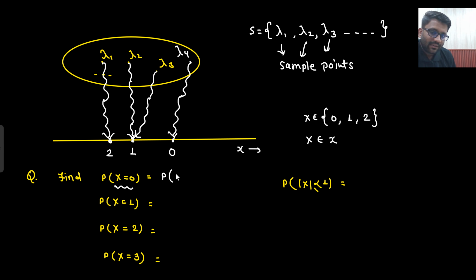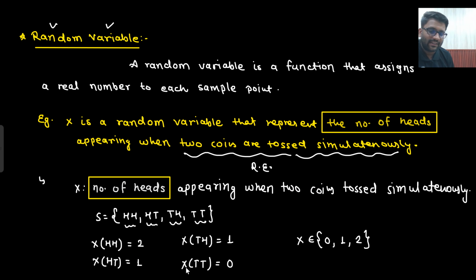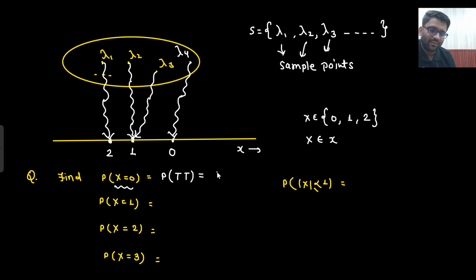That means you get tail-tail only, when your random variable x takes the value 0. So if you toss two coins simultaneously, what is the probability of getting tail-tail? That is 1 by 4. That's it.